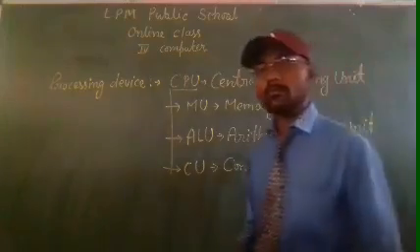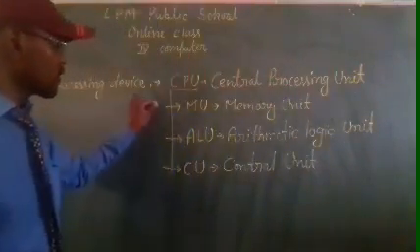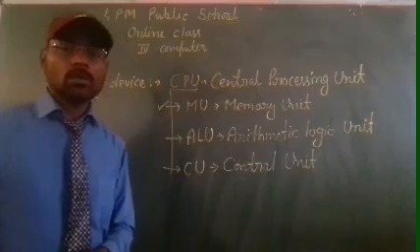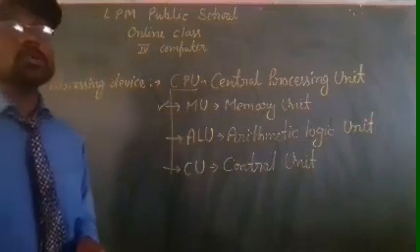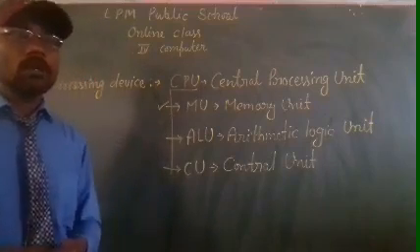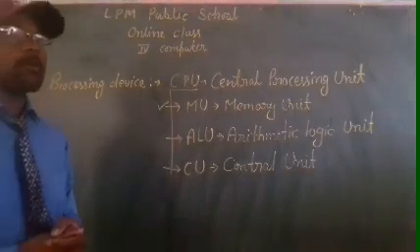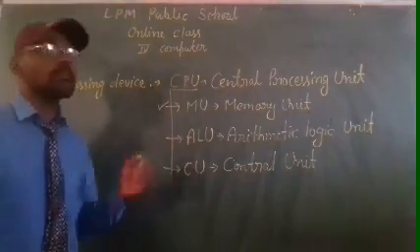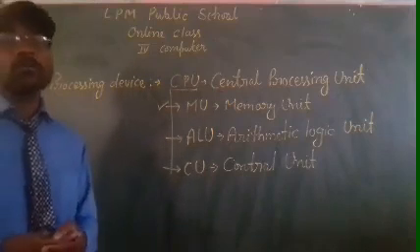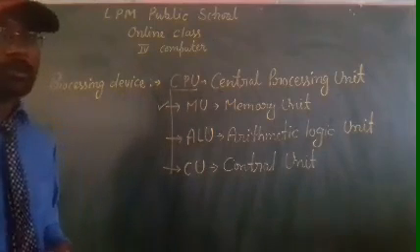Okay students, now let us discuss about MU. What is MU? Dear students, MU, that is memory unit, stores data and instruction which can be recalled anytime when you want.